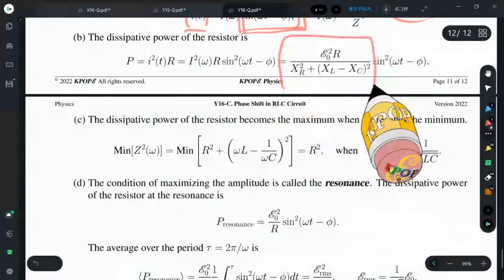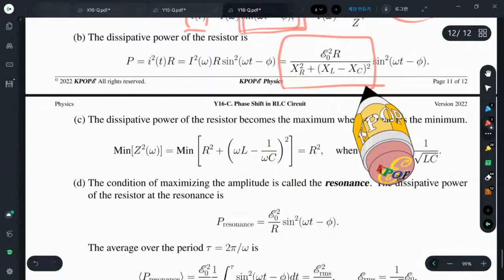And actually, this factor is nothing but what we have done with the calculation for the resonance in the simple harmonic oscillator and the driven damped harmonic oscillator.